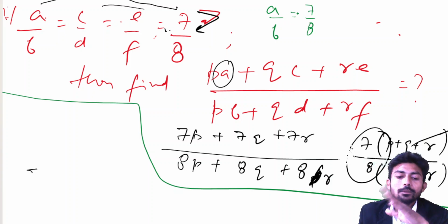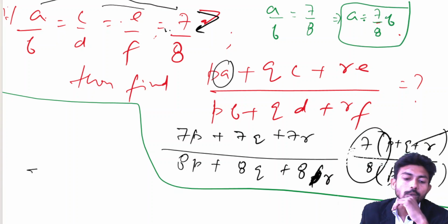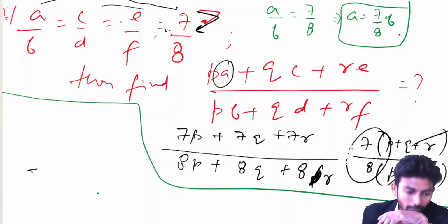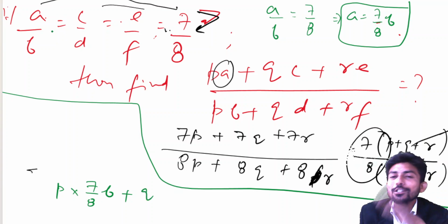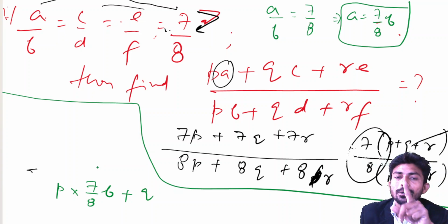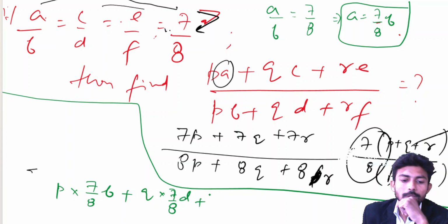For the first part, if A by B is equal to 7 by 8, then by rearranging this data, I can write A is equivalent to 7 by 8 times B. Okay, so if I substitute here, it will be P into 7 by 8 times B. Further, Q will be the same, and again if C by D is equal to 7 by 8, I can write for C 7 by 8 times D. Similarly, P plus Q plus R, and for E, I will be writing 7 by 8 times F.